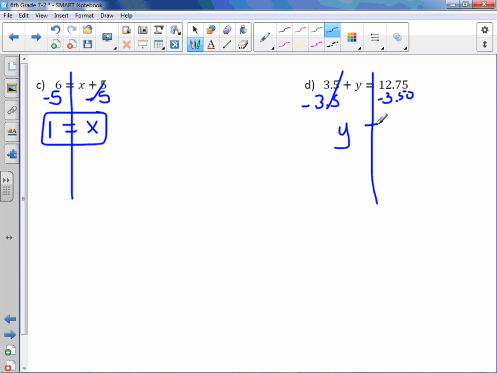So I'm left with y equals, and let's subtract. 5 minus 0 is 5. 7 minus 5 is 2. Bring down the decimal point. And 12 minus 3 is 8. Or is 9. Sorry. So 9.25.